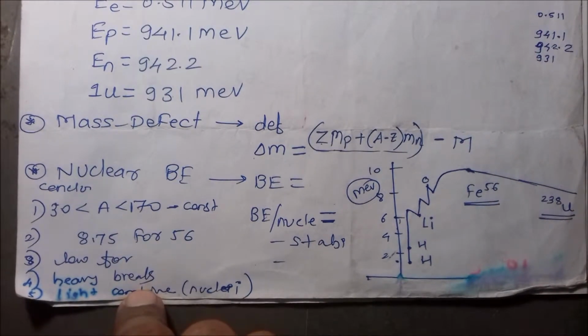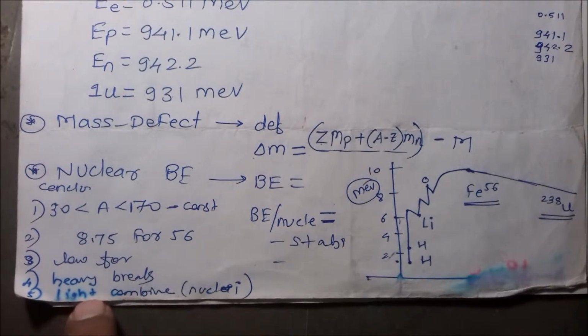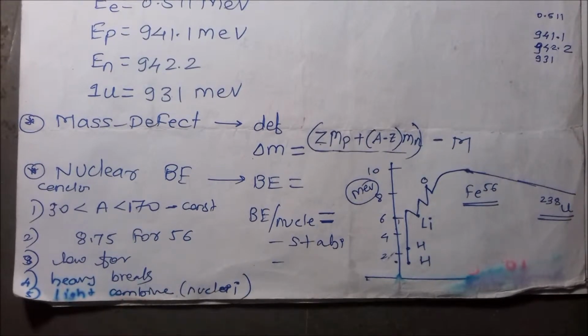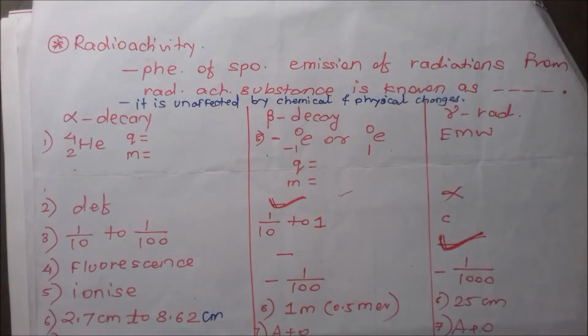Heavy nuclei break to form lighter nuclei, and it is called fission. Lighter nuclei combine to form heavy nucleus, and that is called fusion. Fission and fusion happen to increase stability. Then radioactivity.